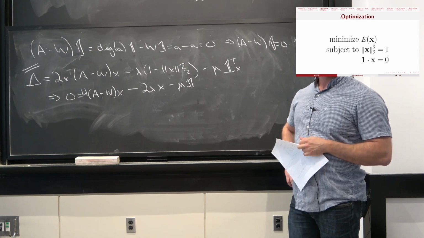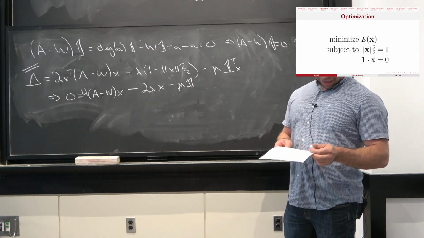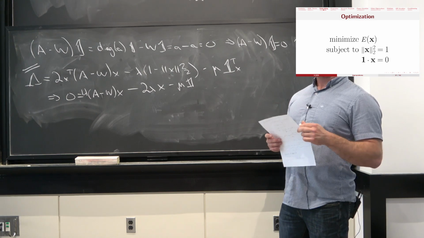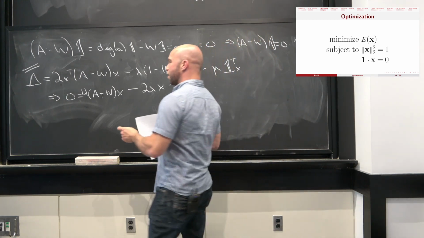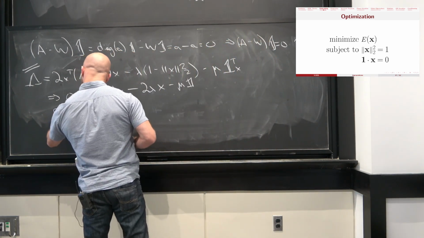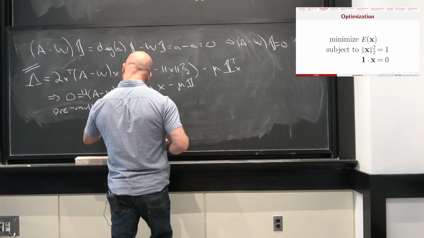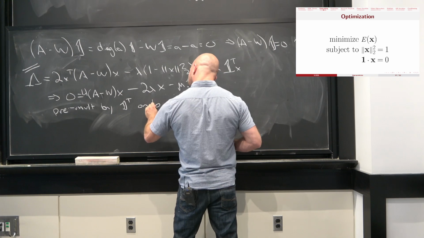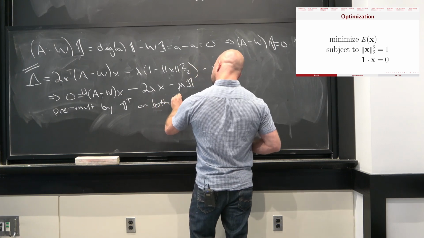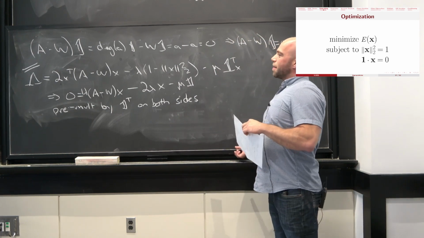Everybody with me so far? Here's a really sneaky trick. Let's pre-multiply by the vector of all ones, that is, by 1 transpose on both sides. Why am I going to do that?